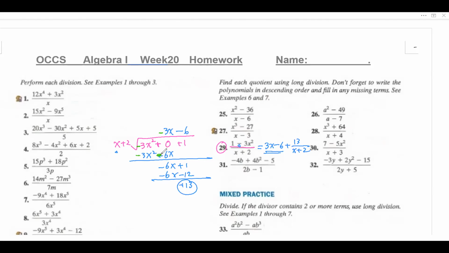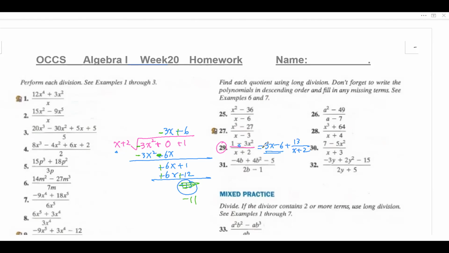So here became positive 6x, right? Positive. So we need a positive 6 here. So you get a 6 and so plus 12. So actually here is negative 11.